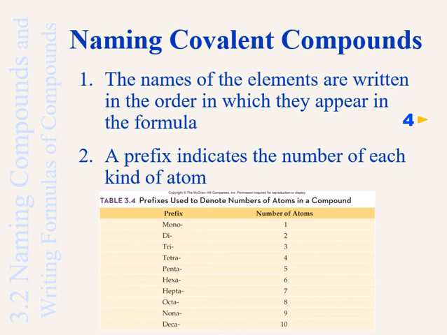And if it has 2 or 3 or 4 or any other number of atoms for a given atom, then we need to specify with these Greek prefixes: mono for 1, di for 2, tri for 3, tetra for 4, penta for 5, hexa for 6, hepta for 7, octa for 8, nona for 9, and deca for 10.